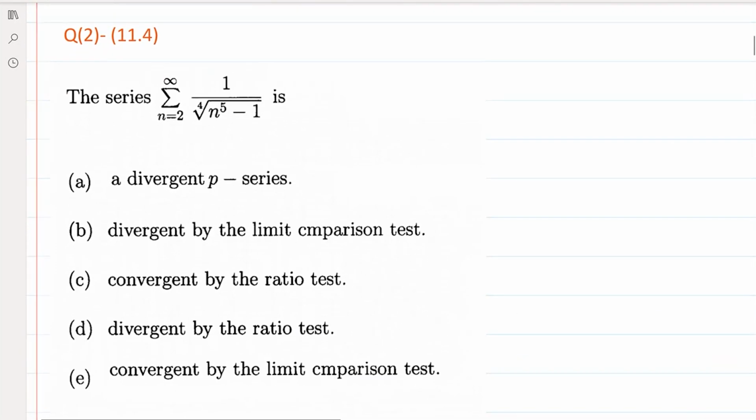So I will take the limit as n goes to infinity. This is my series, the fourth root of n to the power 5 minus 1.